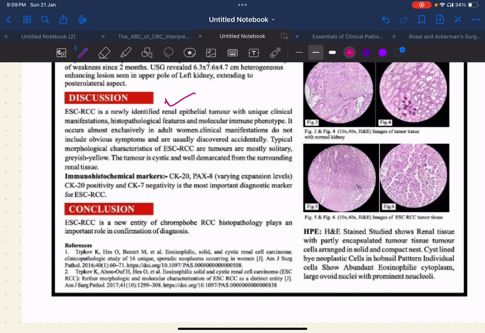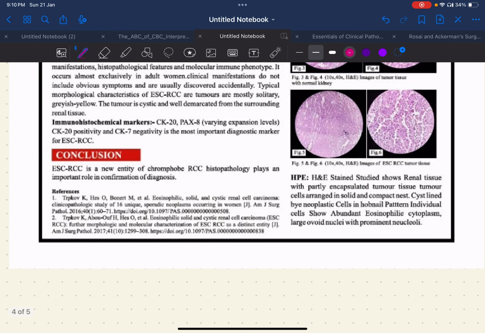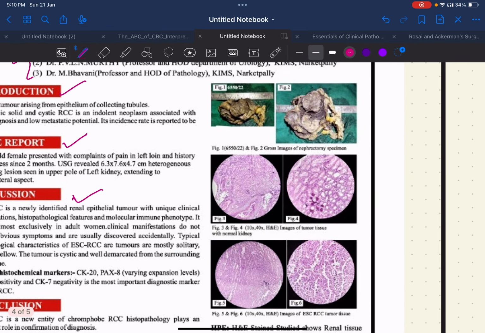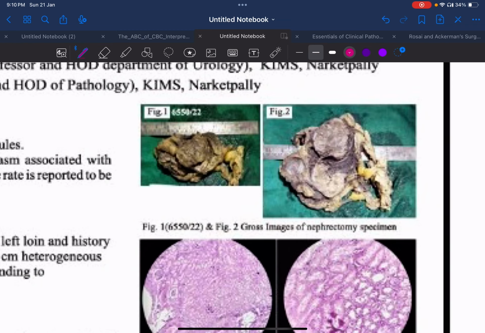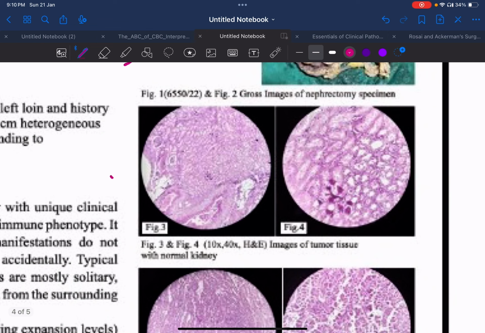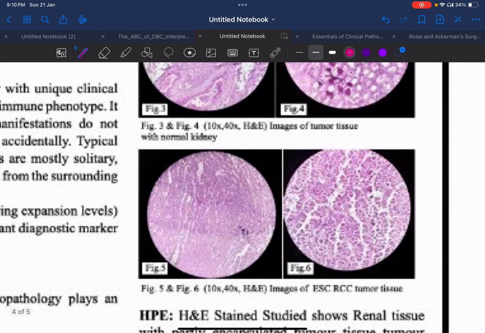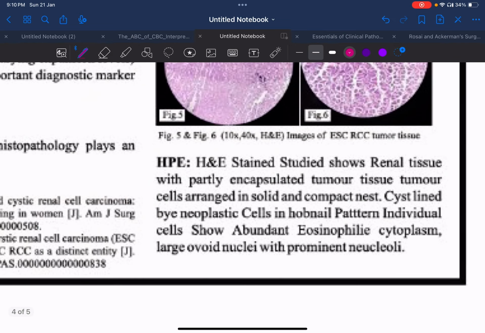In this case, I have used the PAX8 IHC marker. And finally the conclusion. And you add the gross images. I have put some gross images that I received at my department, and the microscopic images, and the findings on the H&E stained sections I have included.